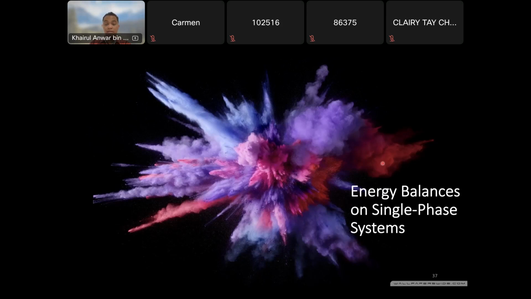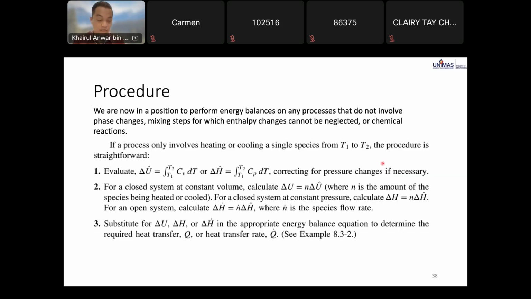Energy balance on single phase system. Okay. We are now in position to perform energy balance on any processes that do not involve phase changes, mixing step for which enthalpy changes cannot be neglected, or chemical reaction. If a process only involves heating or cooling single species from T1 to T2, the procedure is straightforward.